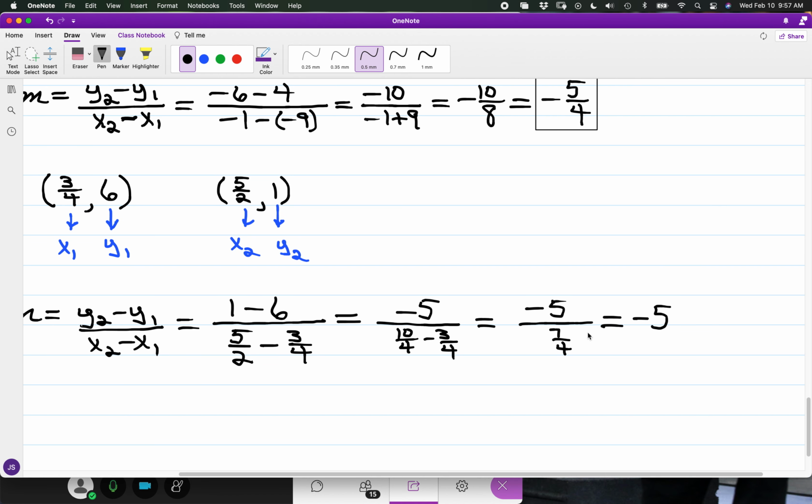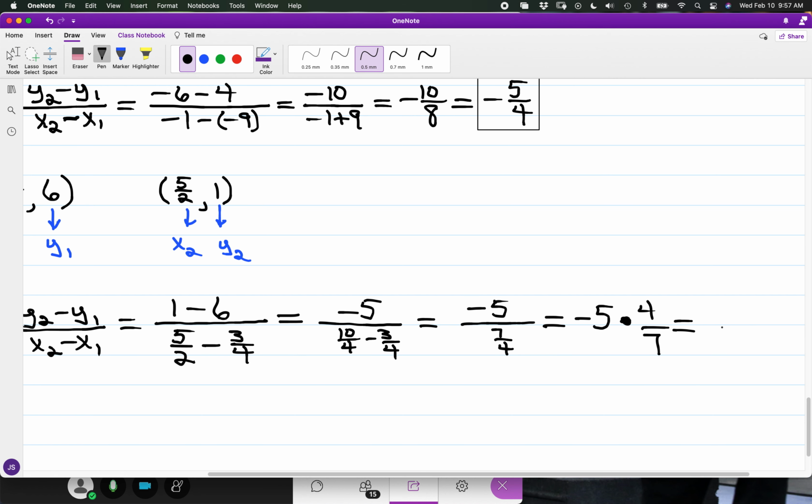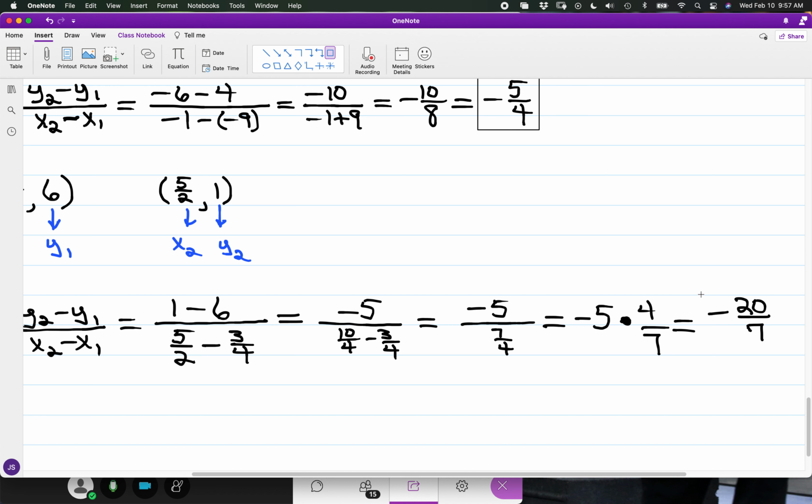So we have -5 times, and division by 7/4 translates to multiplication by 4/7. So for the slope, think of it like -5/1 times 4/7. In this case, this will come out to -20/7. Okay, so we're going to have yet another negative slope in this one.